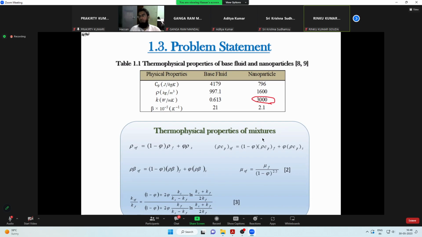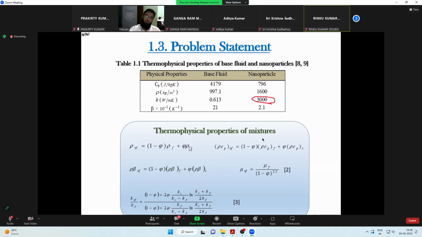The coefficient of expansion is 21 into 10 to the power minus 5 for the base fluid, whereas it is 10 times smaller, just 2.1 into 10 to the power minus 5, for the nanoparticle. Now, because we are mixing the base fluid and the nanoparticle in a certain ratio, let us take that ratio as phi. So for the thermophysical properties of the mixture, nanofluid density will be equal to 1 minus phi times rho f plus phi times rho s.